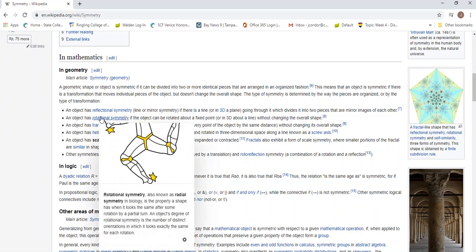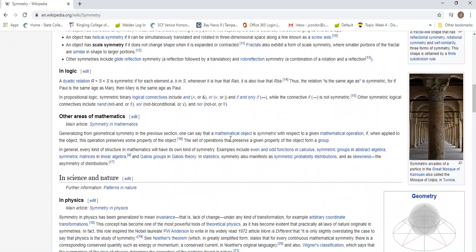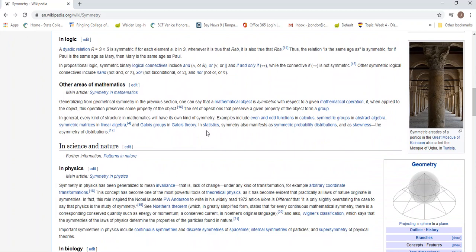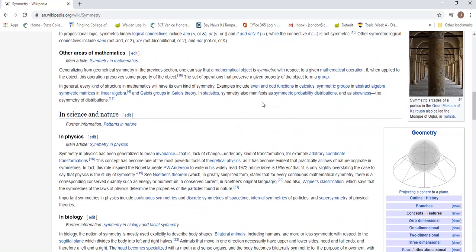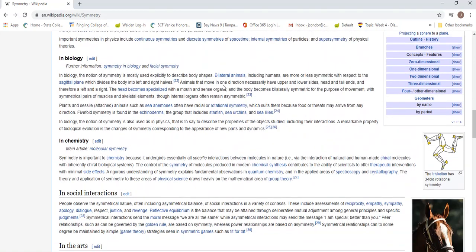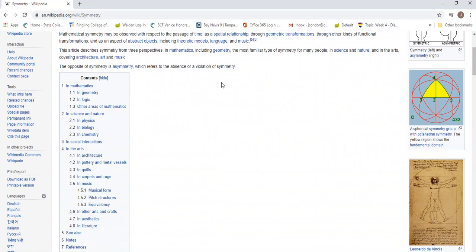Rotational symmetry, translational symmetry, helical symmetry. There's scale symmetry. We talked about that with fractals when we were talking about similar fractals that have scale symmetry, or similar, right? And so on. So there's lots of different types. There's statistical symmetry, probability, symmetric probability distributions, and so on. So we've got lots of options out there.